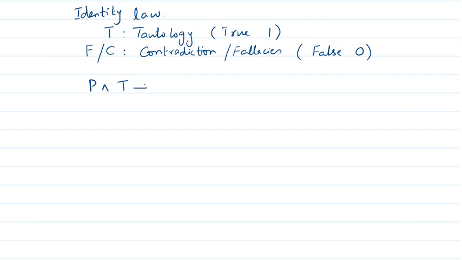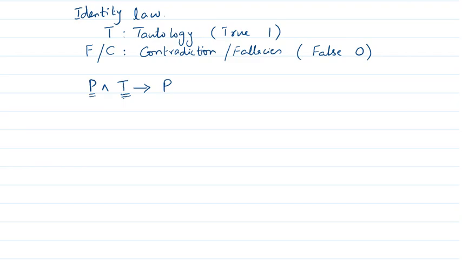You know that in case of the AND gate, the final result is going to be true only when both of these are true. This one should be true and this one should be true, right? One of the inputs is true, so we are totally dependent upon P. Either P is going to adopt 0 or it is going to adopt 1. So P ANDed with a tautology is always going to result in P.